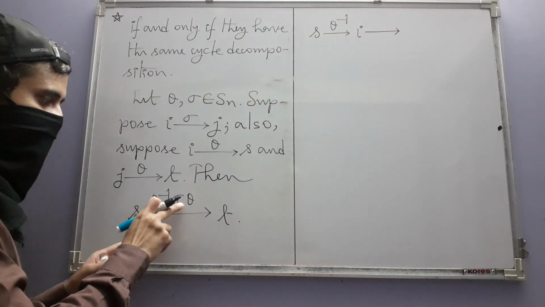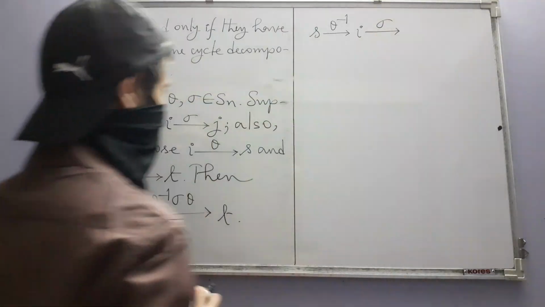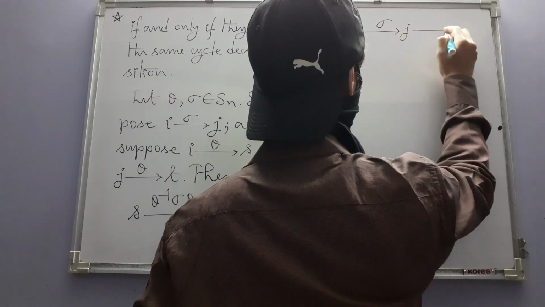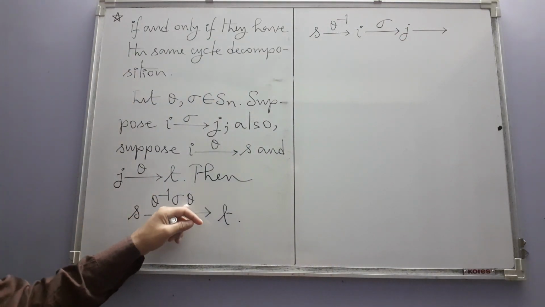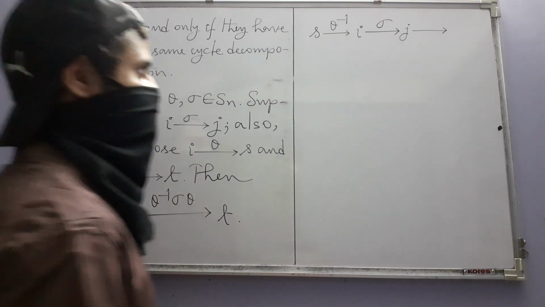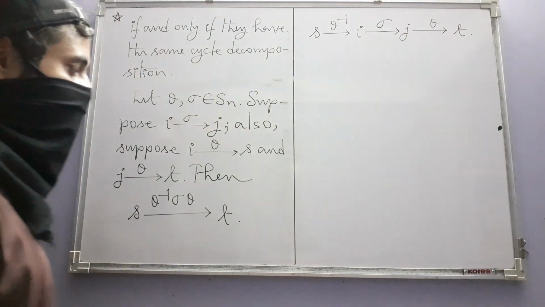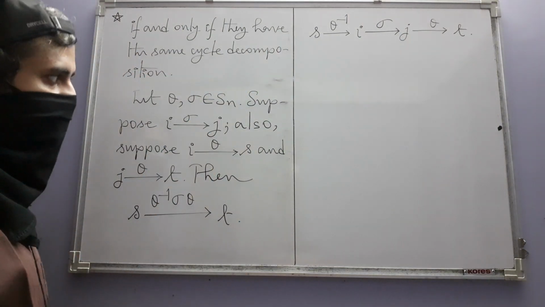On that i, if you then apply sigma, then you get j, and on that j, if you then further apply theta, then you get t. So that is why the composition sends s to t.